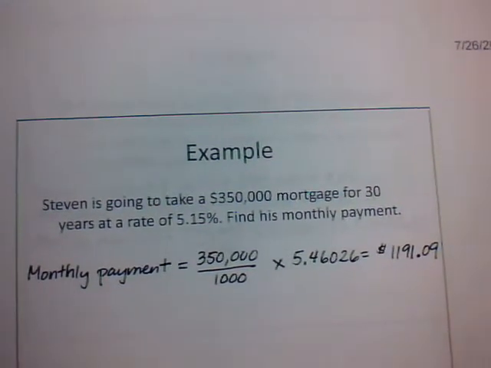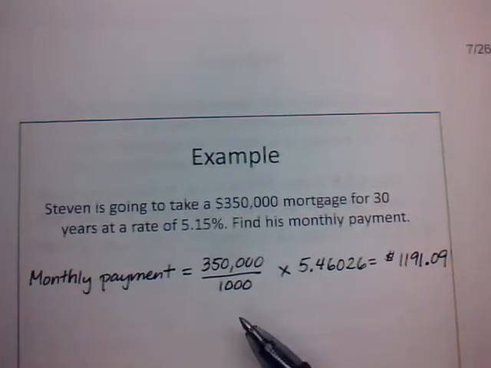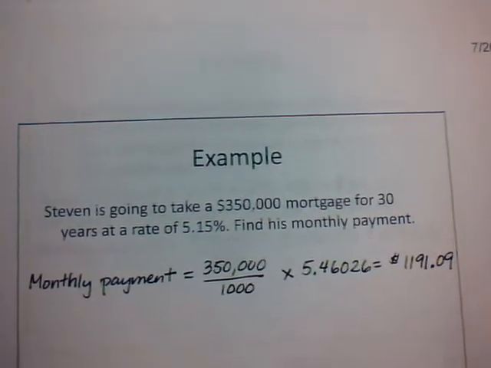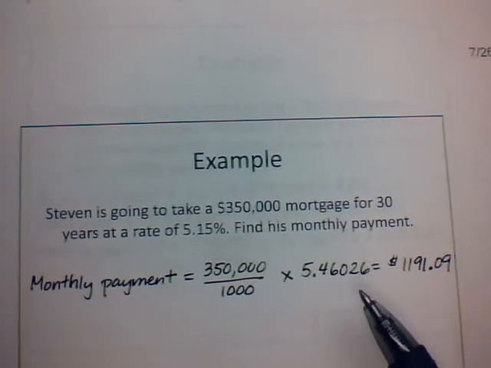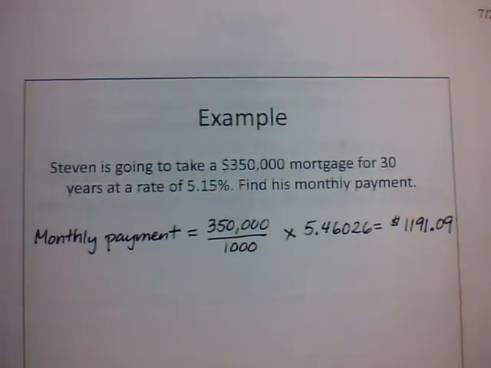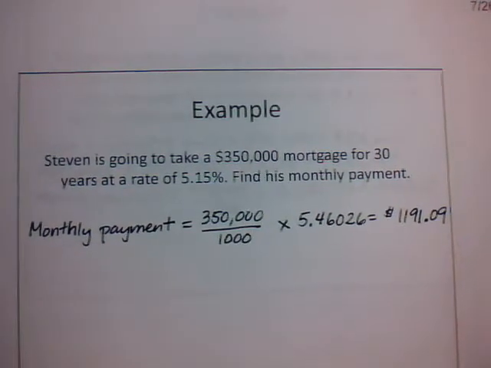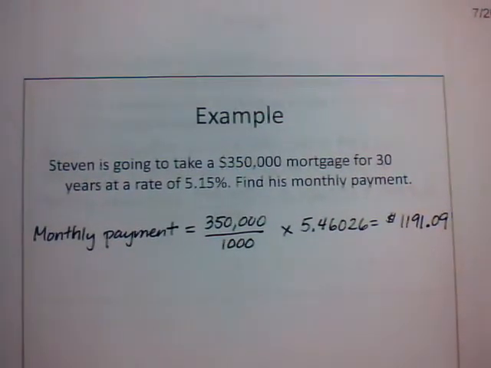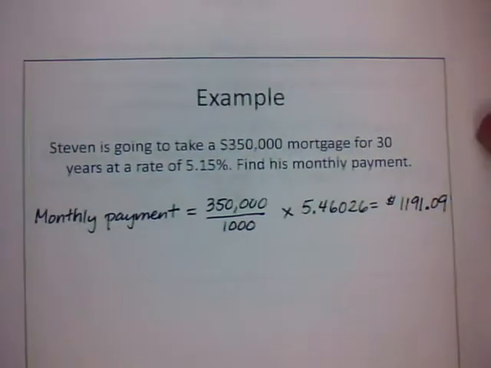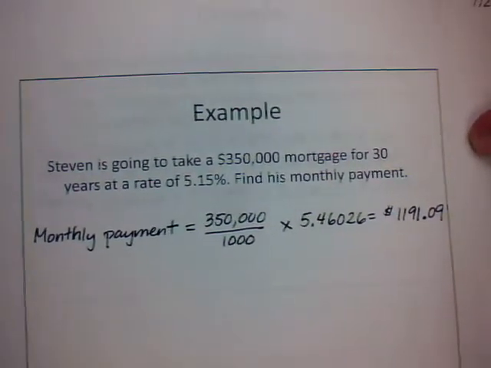So you have 350,000 divided by 1,000, which is actually 350. Then take the 350 and multiply that by 5.46026, and you'll get $1,191.09, which is going to represent the monthly payment that Stephen will have to make on a $350,000 mortgage for 30 years at 5.15%.